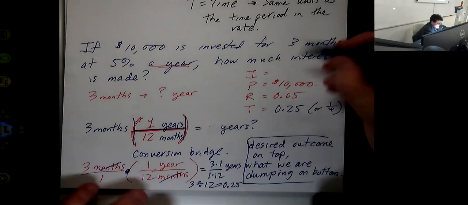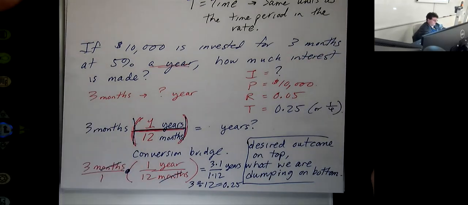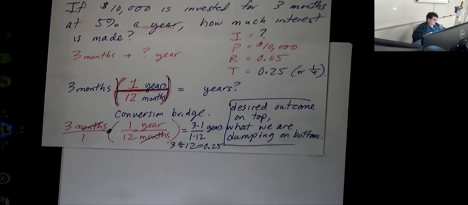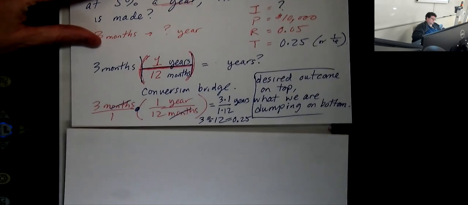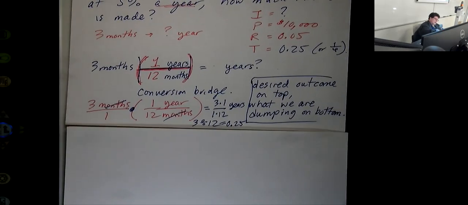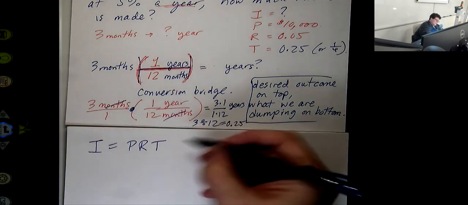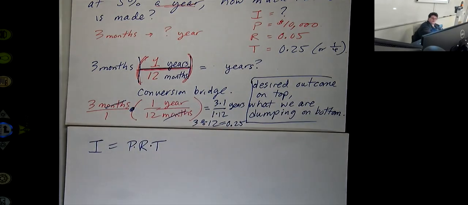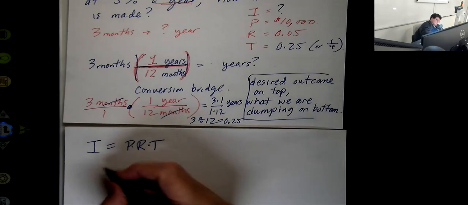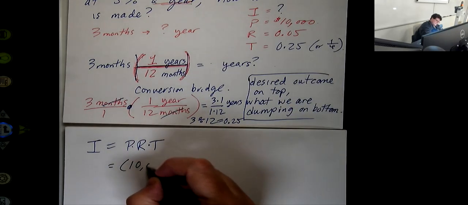So it looks like what I'm missing is the I. And so I have I equals P times R times T, PRT, these are all multiplied together. And I have those values. I've got 10,000.